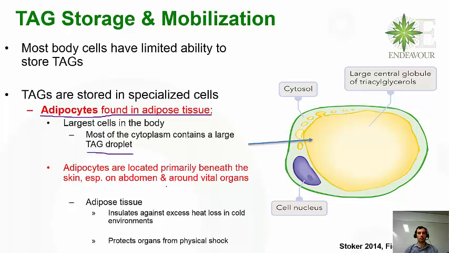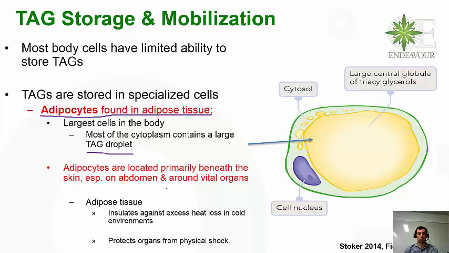So where do we have these adipocytes? It's beneath the skin and also around the vital organs. So depending on how much adipose tissue you actually have, then you may have quite a bit of excess fat in these locations.